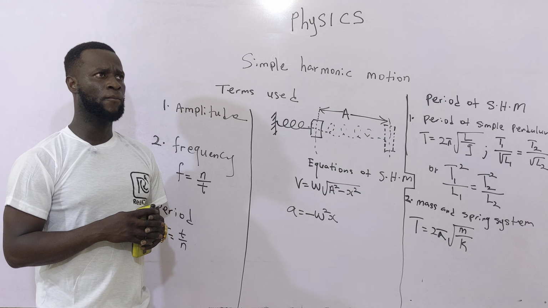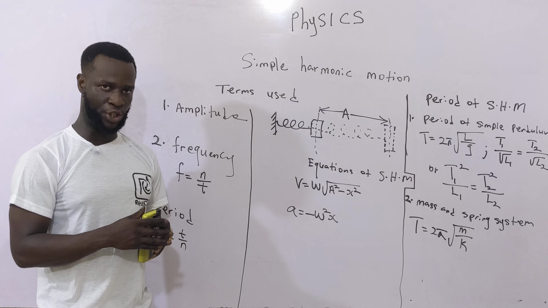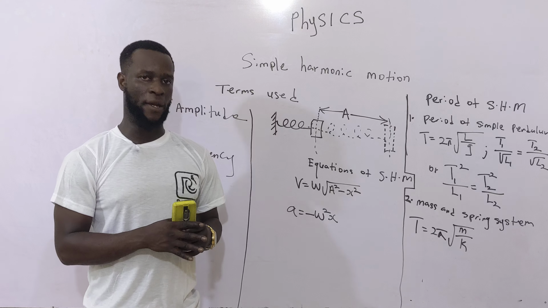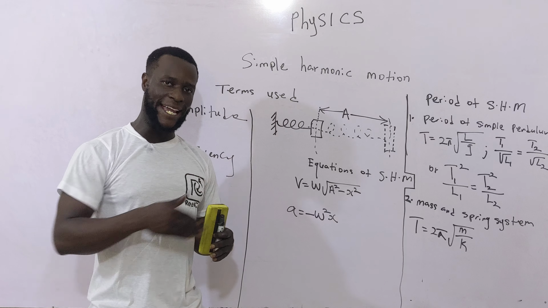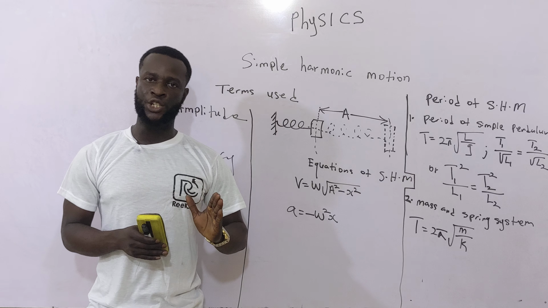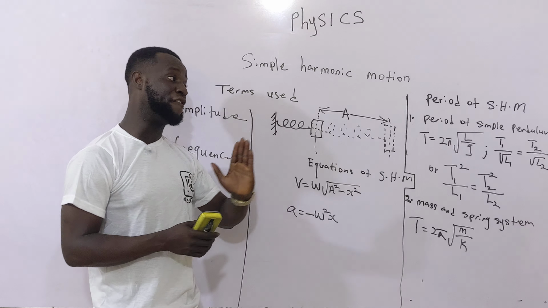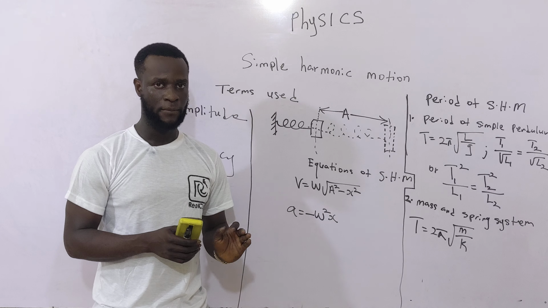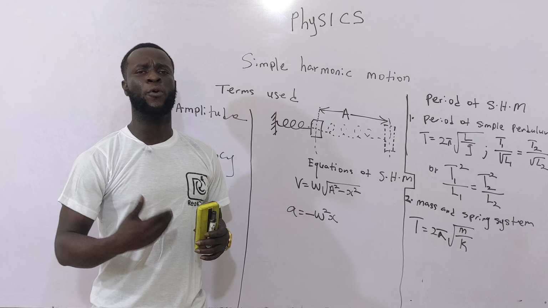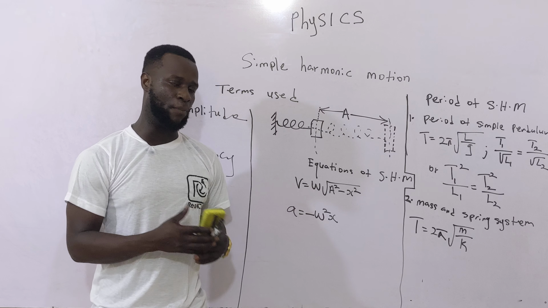Simple harmonic motion is a periodic motion of the body along a straight line, such that the acceleration of the body is directed towards a fixed point, and that acceleration is directly proportional to the displacement of the body from that point.